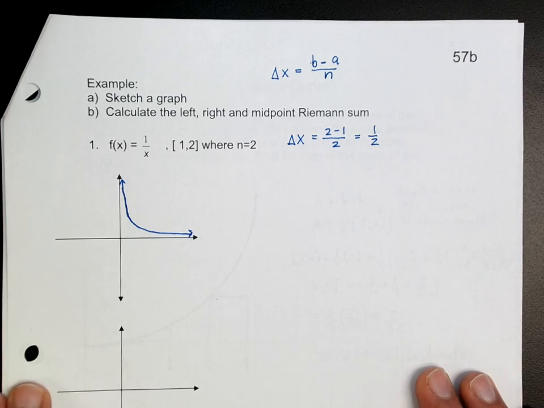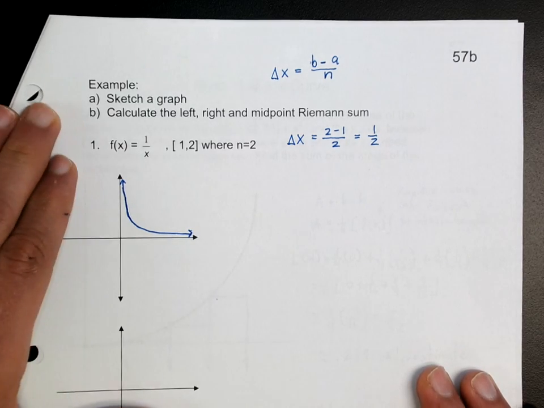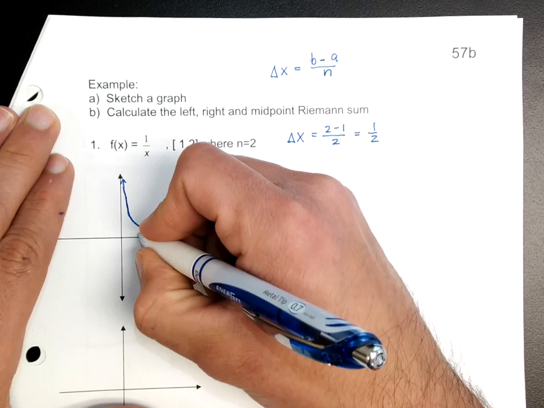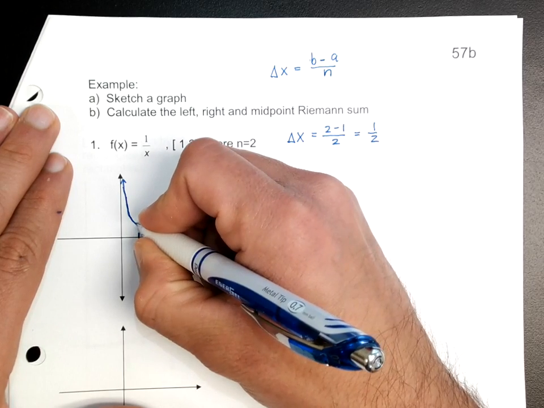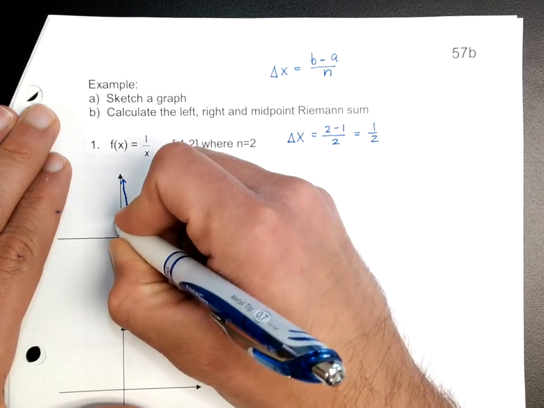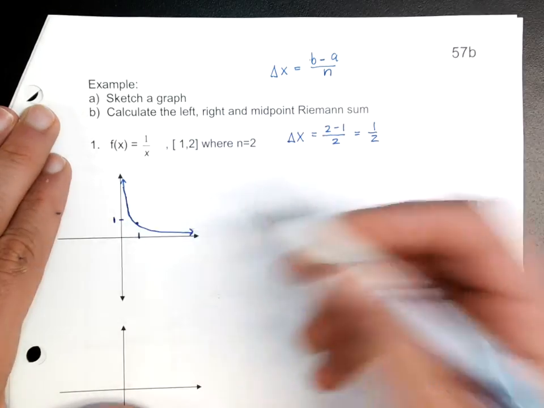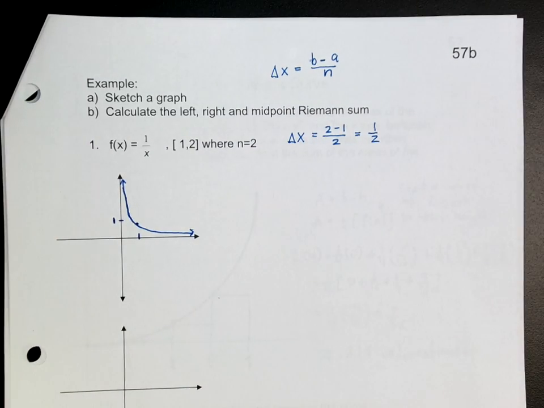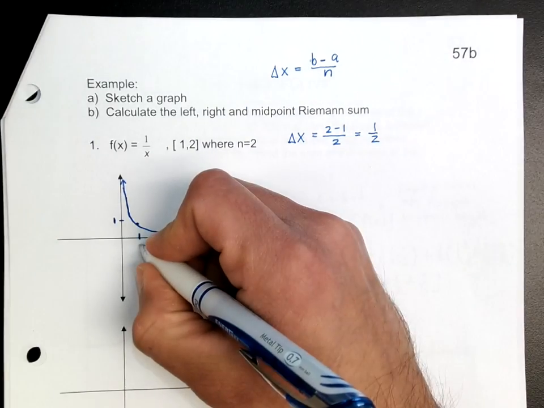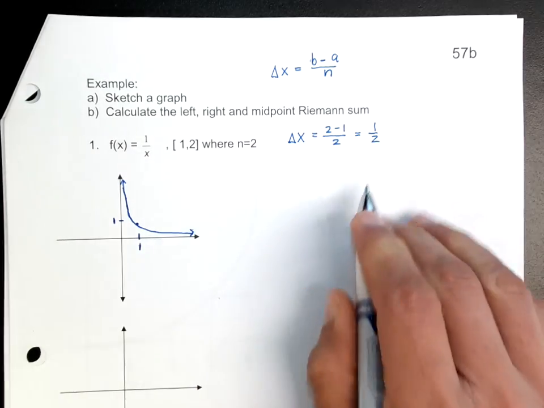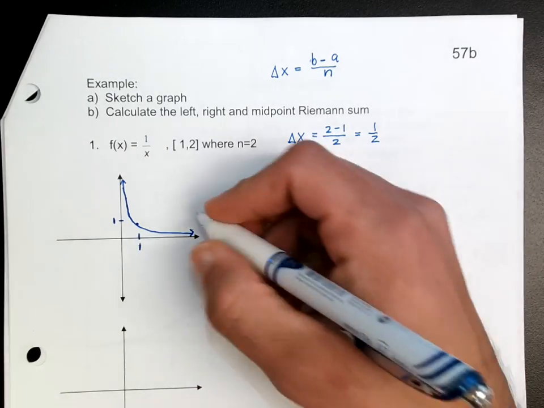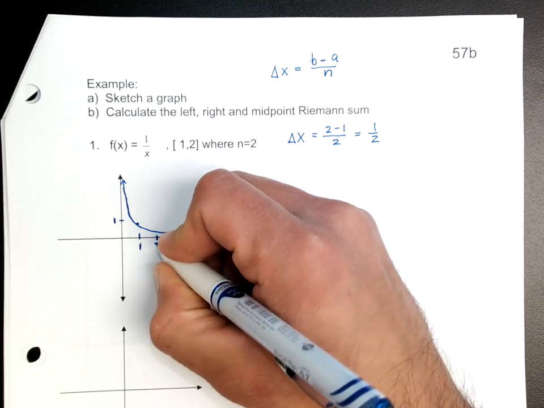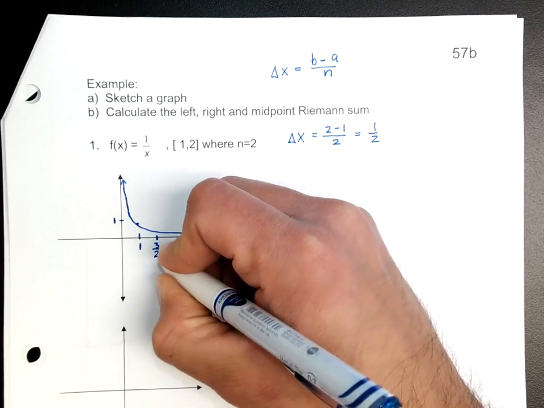And now we're going to go between 1 and 2. So let's say that 1 was right here. I know that at least if x is 1, y is 1. And I'm going to go by halves, so the next point would be 3/2.